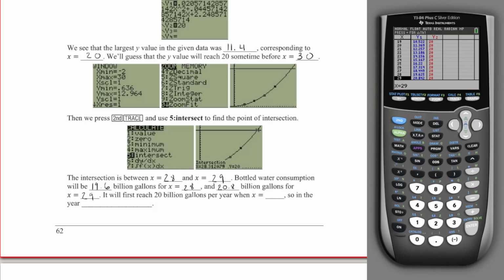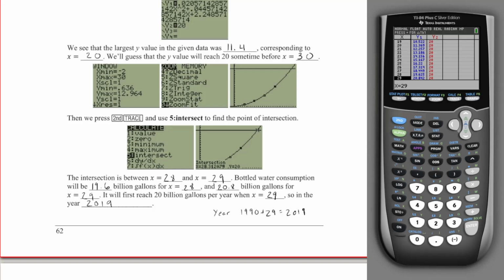The question asks me, what's the first year that I'll have bottled water consumption of at least 20 billion? And that's x equals 29. So that's the year 1990 plus 29, which is 2019. Bottled water consumption reaches 20 billion gallons per year in 2019.